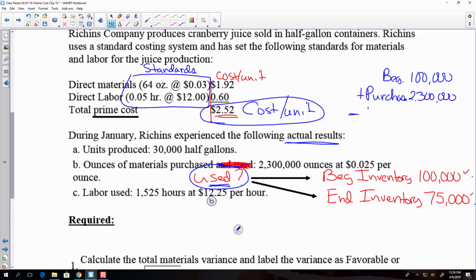And then subtract my ending, which was 75,000, to give me how much did I use in the period, which is now going to be 2,325,000 because I used 25,000 more. My inventory level went from 100,000 ounces to 75,000 ounces. So I must have used more than I purchased, right? So those are then going to be used to complete my template.